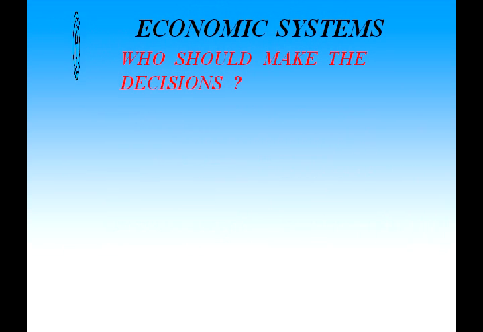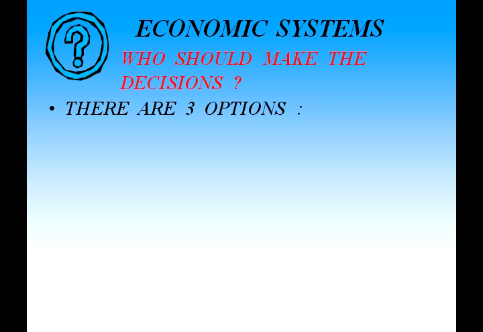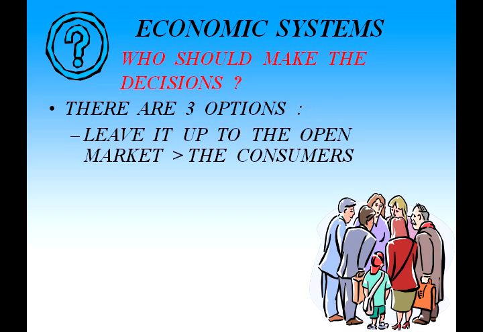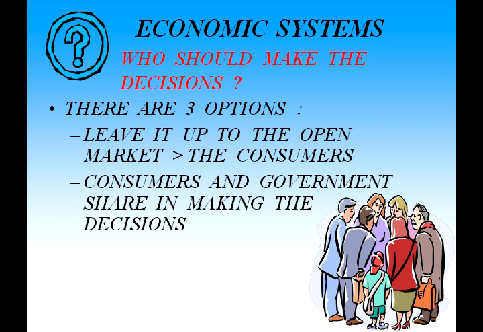With regard to the last question for the society to answer, who should make the decisions with regard to the first three questions, there are really three options. Here's the first. Should the society leave it up to the open market, meaning the consumers, to answer those first three questions? Or should it be some mix of the consumers and the government sharing in making the decisions regarding those questions?